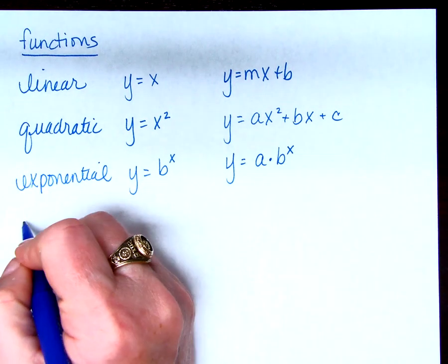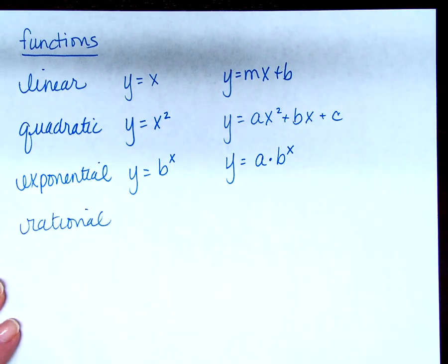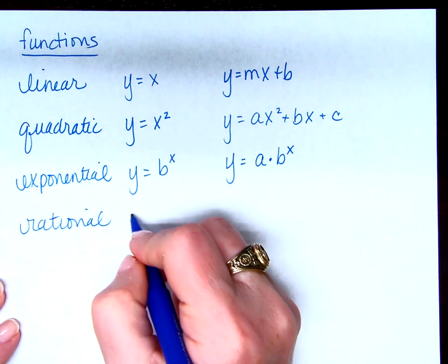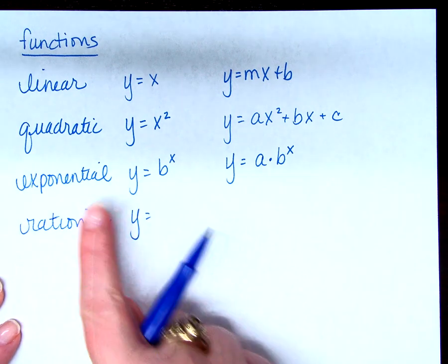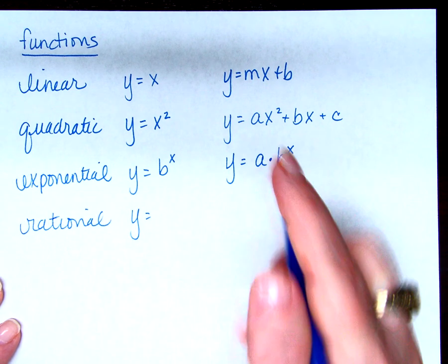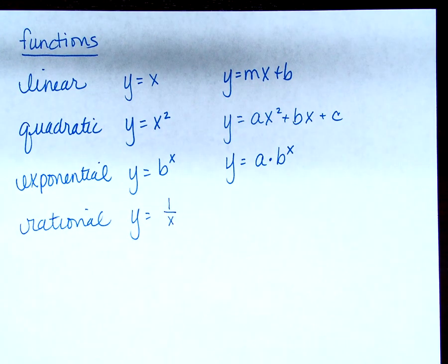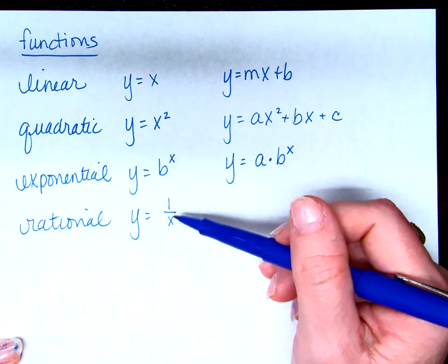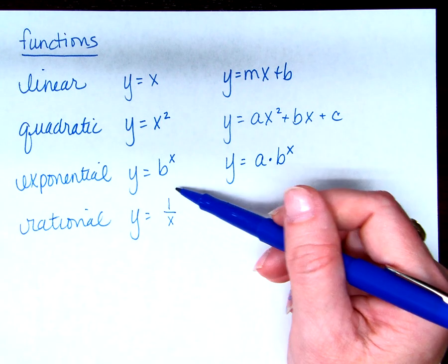Okay. What about rational? What's its parent function? Rational looks like a what? A ratio, so it is 1 over x, right? Okay. A lot of these are going to be one person can do the job in 5 years, another one can do the job in 7 years.